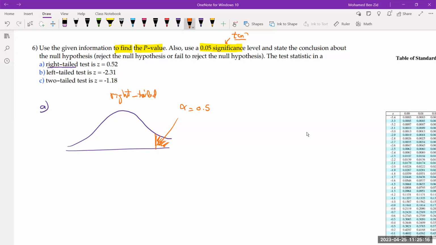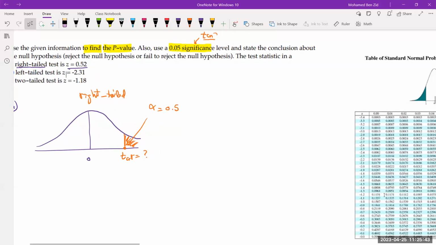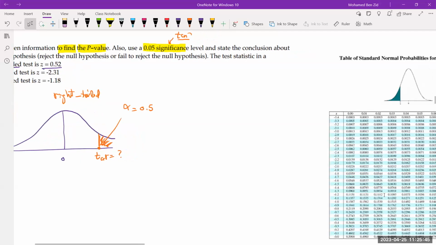So I don't really know the t critical. It is easier to find the critical, as I said, but I don't know it. I'm going to do it with the p-value. So what is the p-value? I have the value 0.52, right? So that's the Z value. Always please look at it in the small table.